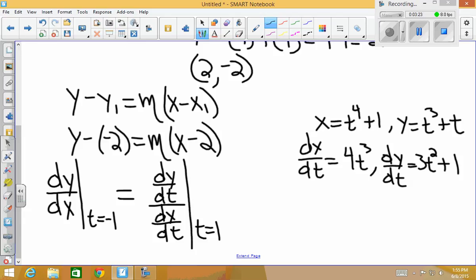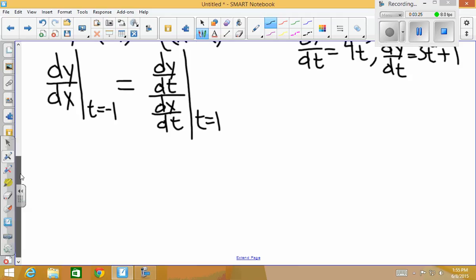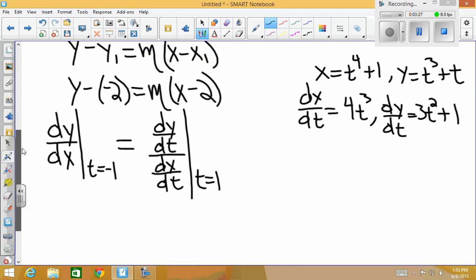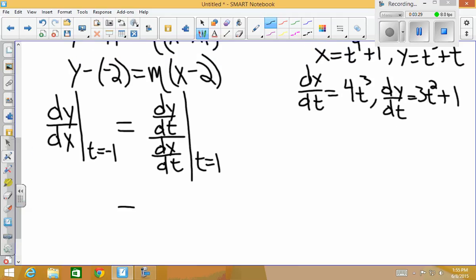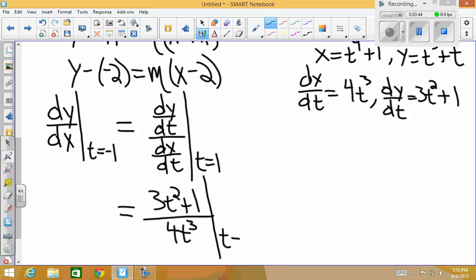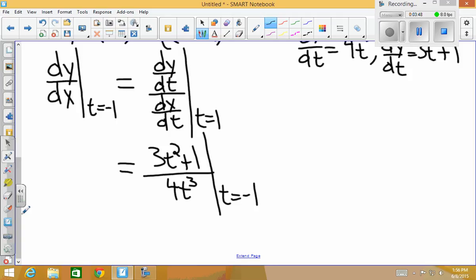Putting those here, the derivative of y with respect to t is 3t squared plus 1 divided by the derivative of x with respect to t, which is 4t cubed. And now we're going to evaluate that when t is equal to -1. So it just means we're going to substitute -1 everywhere we see t.